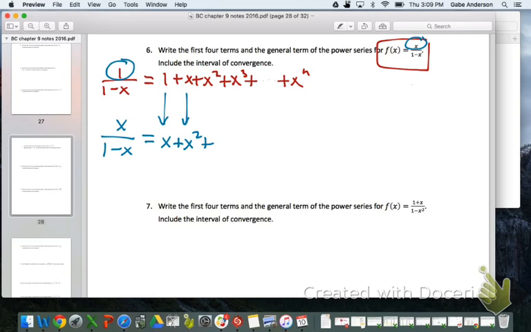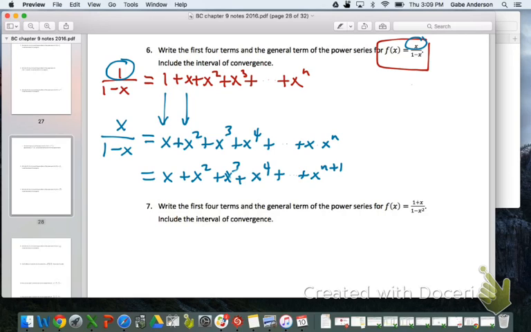And so on and so forth, plus x cubed, plus x to the 4th, plus dot dot dot, plus x times x to the n. And if we wanted to clean up that nth term, we certainly can do that. It would be plus dot dot dot plus x to the n plus 1. We add our exponents when we multiply our bases.